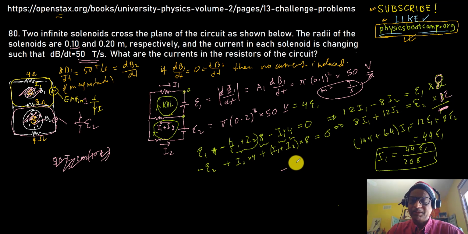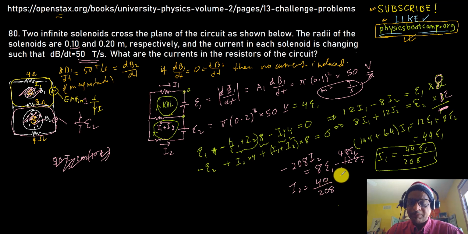So minus 64, and so it's going to be all of this 208 I2, and I got 8E1 minus 12E2, and E2 is 4 times E1, so this is 48E1. So I2 is, you can see this will be 40 over 208 E1.